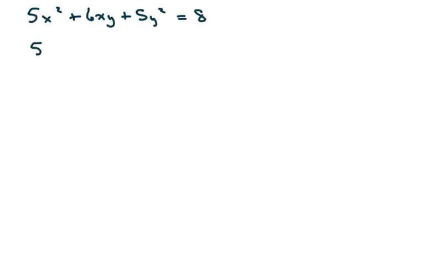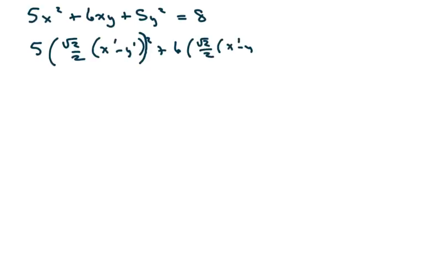Now substituting, we have 5 times square root of 2 over 2 x prime minus y prime squared, plus 6 times square root of 2 over 2 x prime minus y prime times this, your y, which is x prime plus y prime, plus 5 times y, so that's going to be x prime plus y prime squared.